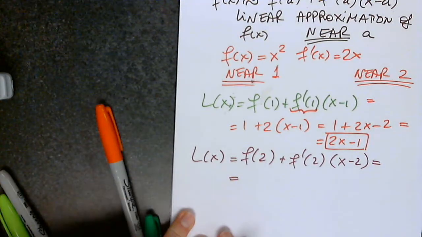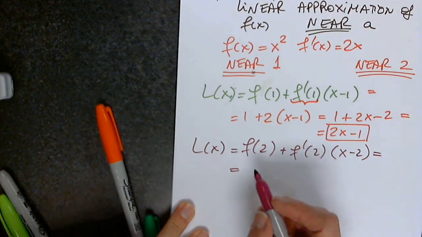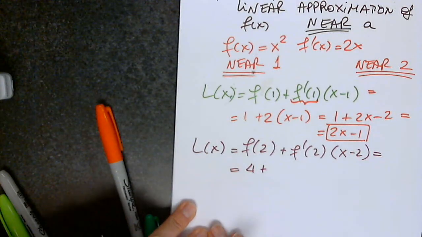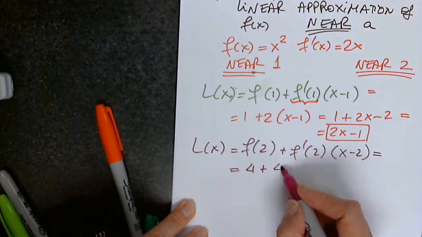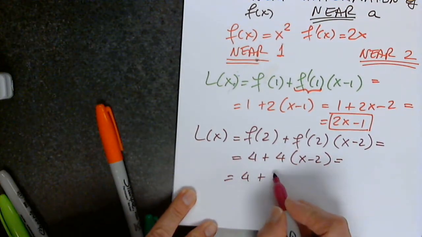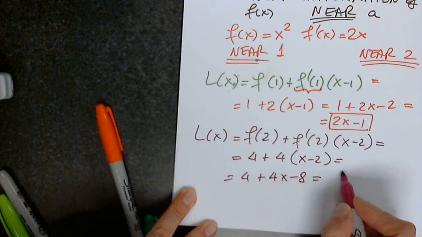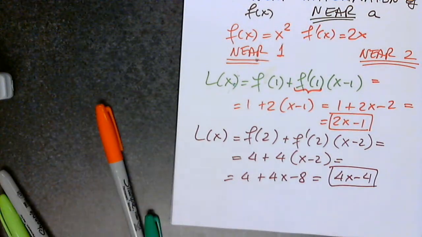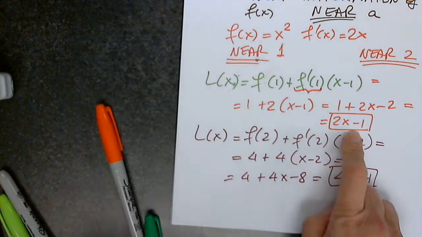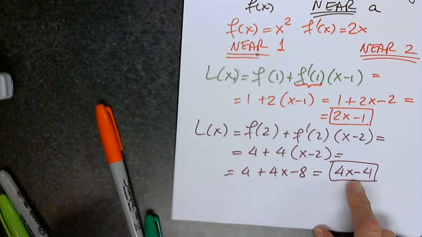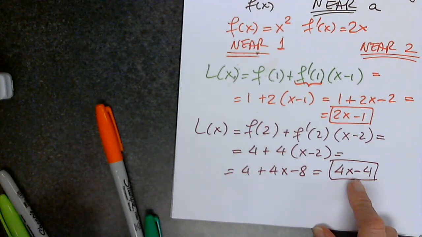So can anyone give us f of 2? 4 plus f prime of 2. Good. Times x minus 2. Combine like terms, distribute. 4x minus 8, so 4x minus 4. And as expected, at 1 there is a certain function that approximates x squared. At 2, there is a different linear function that approximates x squared.